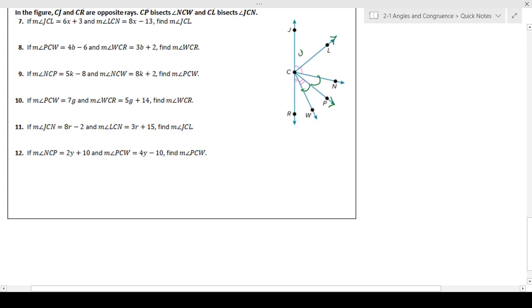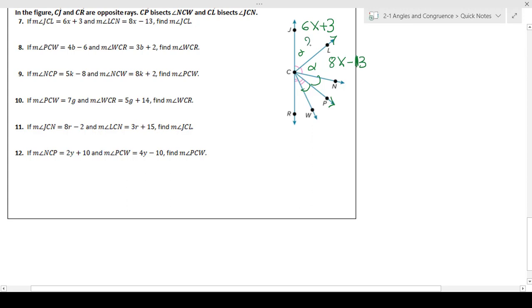This angle is equal to that angle. Okay? Now, number 7. If angle JCL is equal to 6x plus 3 and angle LCN is equal to 8x minus 13, find the measure of angle JCL.